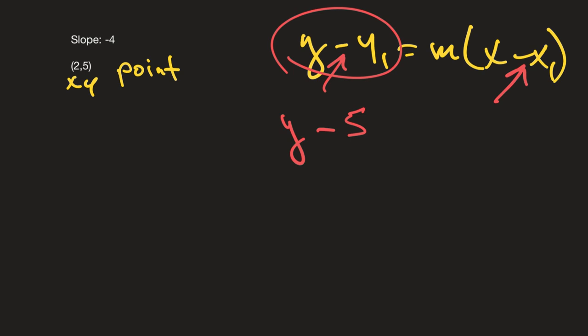So we're going to go y minus 5 equals, then we're going to plug our slope in, -4, open parentheses, x minus, what's our x value? 2. Y minus 5 equals negative 4 times x minus 2. That is the point slope form of the equation of a line that goes through the point (2, 5) and has a slope of negative 4. That is a perfectly legal equation of a line.